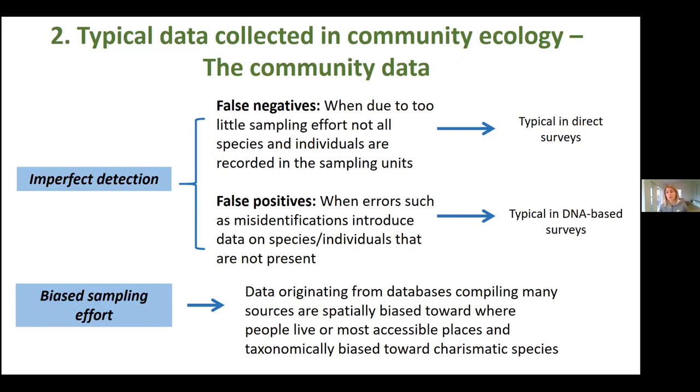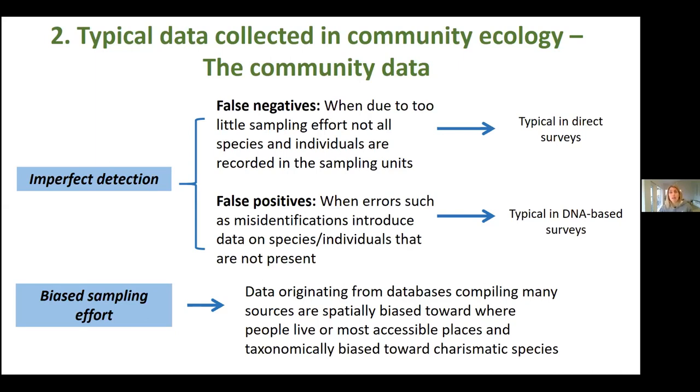This happens because the sampling effort that we apply is not enough to record all the species and individuals that there are in the sampling units. Even the most expert people might not see some species that actually are there. This is called false negatives, and this is typical in direct surveys.